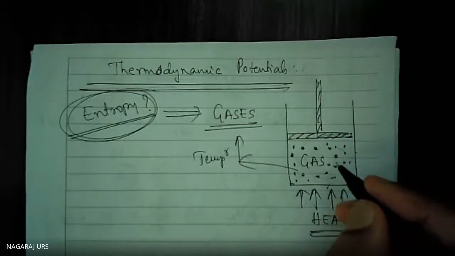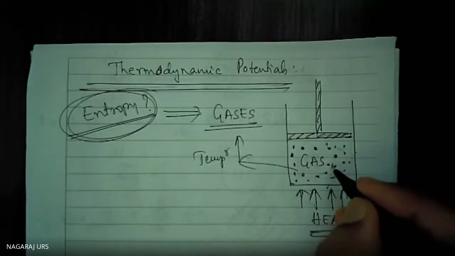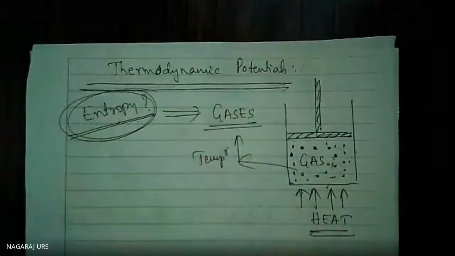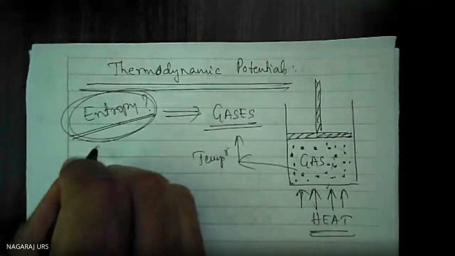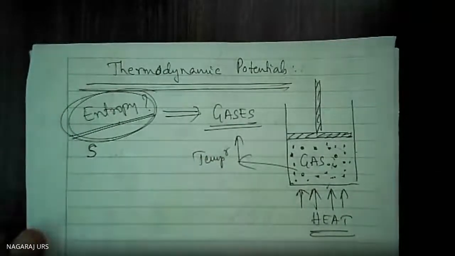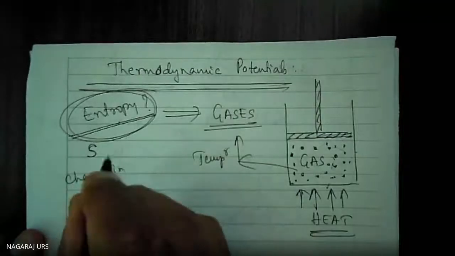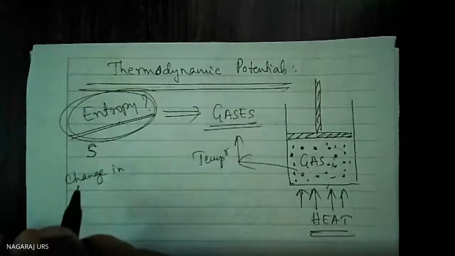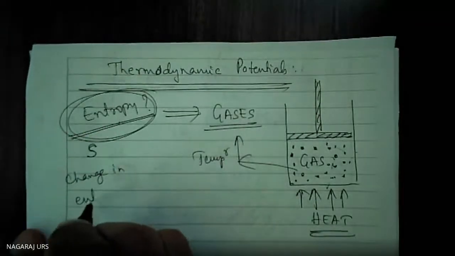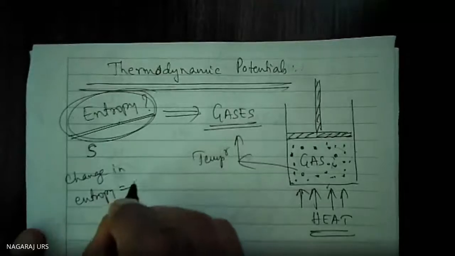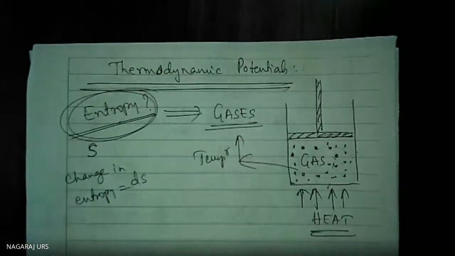Due to that, the entropy of the system also increases. Entropy is represented by S. Change in entropy is represented by dS. I am not teaching entropy, it is there in your syllabus. This is change in entropy.